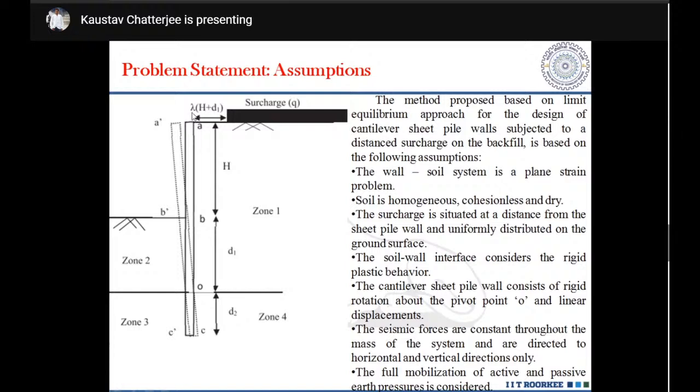That is, it is located over here, and gradually this infinite surcharge is moved at different distances, which is given by lambda into (H plus D1), where lambda is the normalizing distance factor. Okay, lambda is called the normalizing distance factor, and at different distances from the top of the sheet pile wall, the surcharge is added.